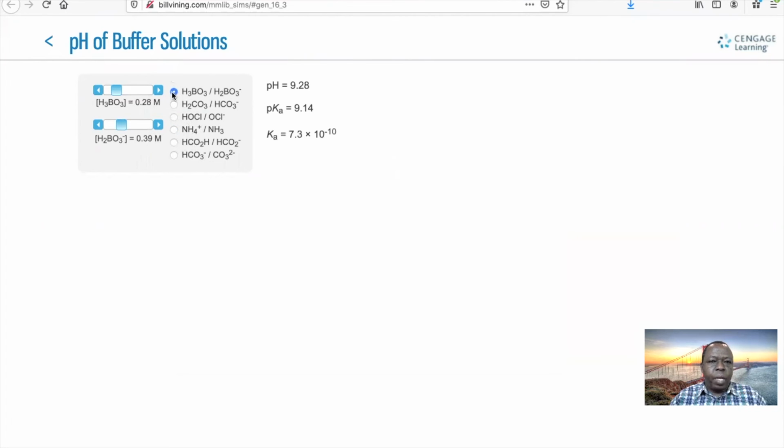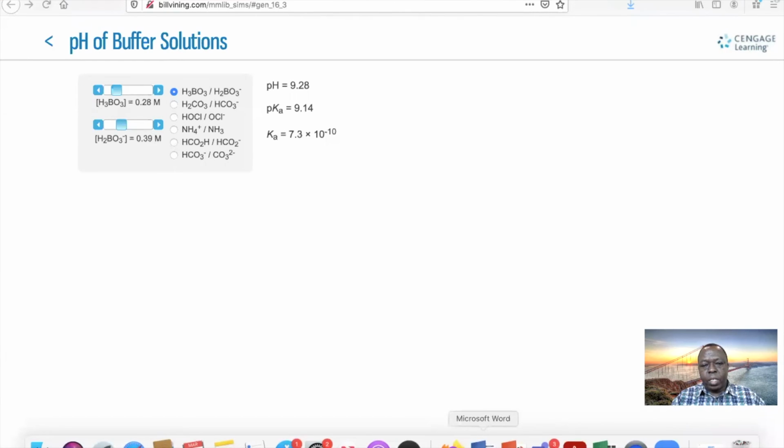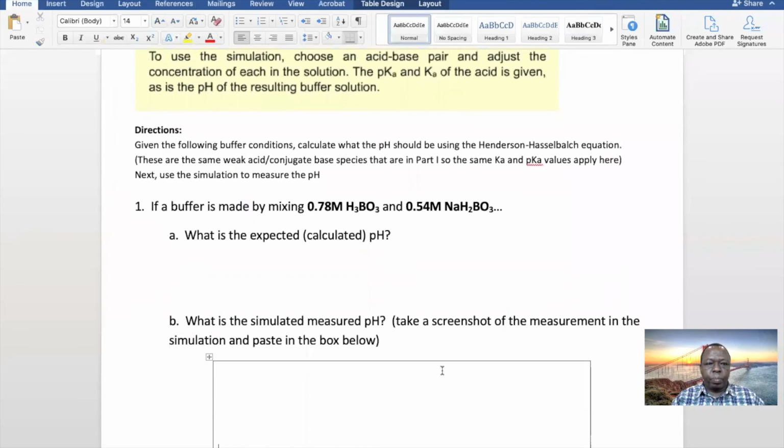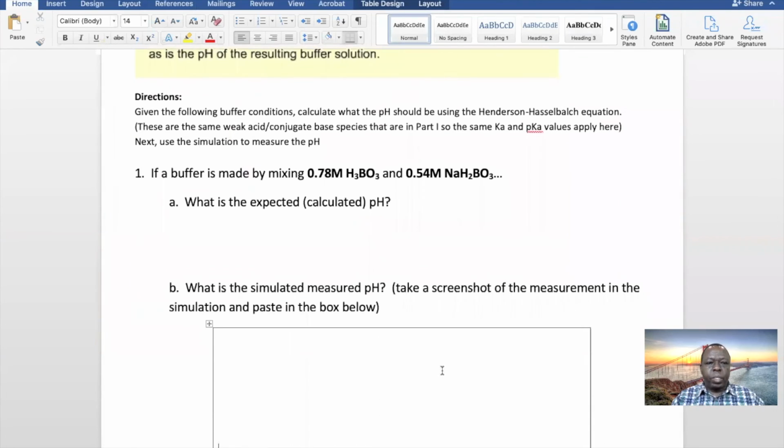So if I have that, pH equals 9.28. But in the directions you are given the concentration. Let's see, I'm going to work on the first one on part B, or part 2.